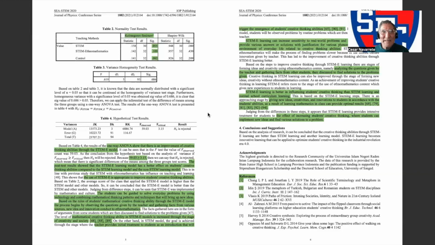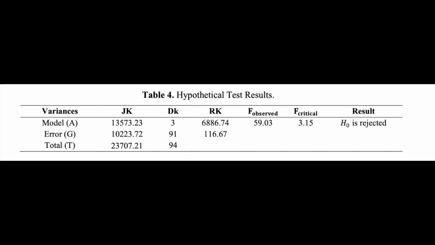You will notice that after table 3, at the bottom of the paragraph, it gives you the hypothesis, claiming that the null hypothesis shows no significant difference between the three different levels of intervention. The STEM-E, STEM, and the control are supposed to be equal, and therefore there's no detectable change, and this is shown in table 4.